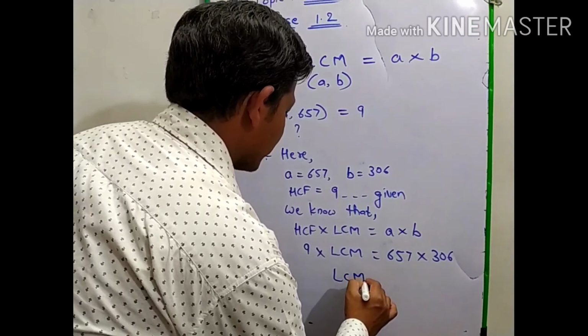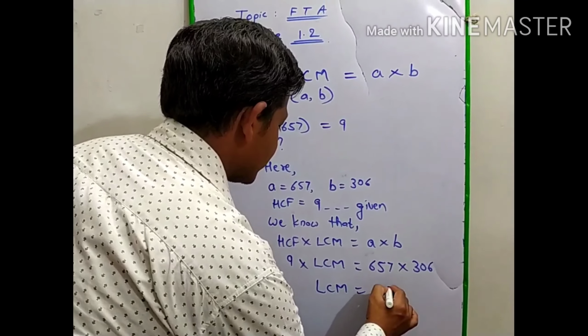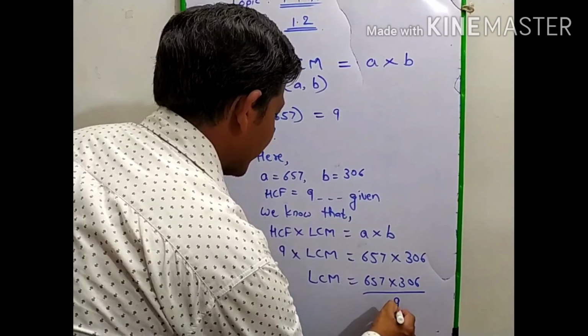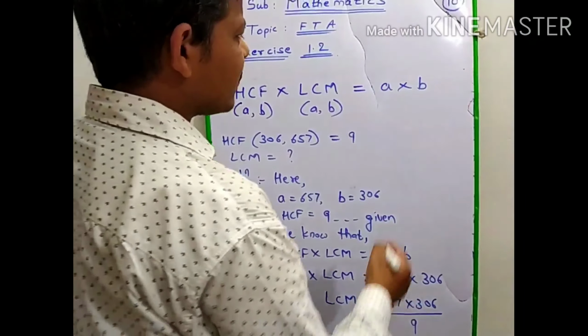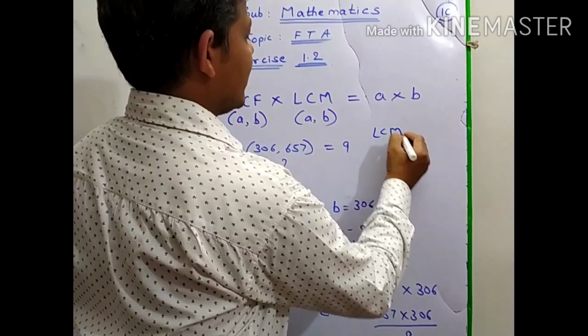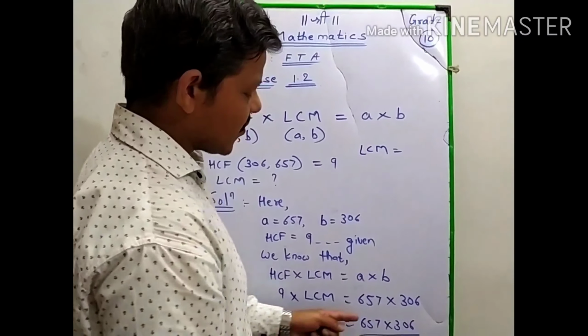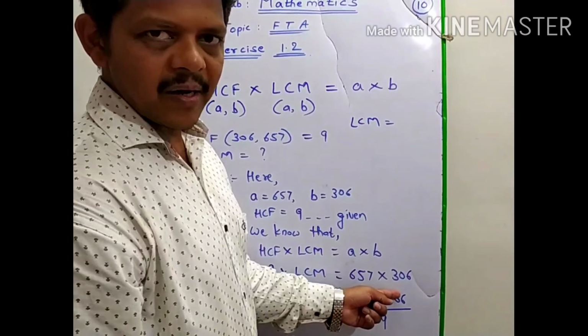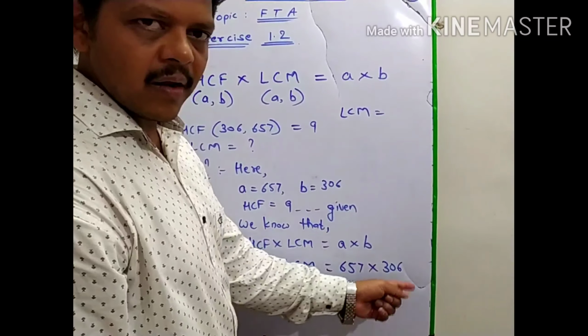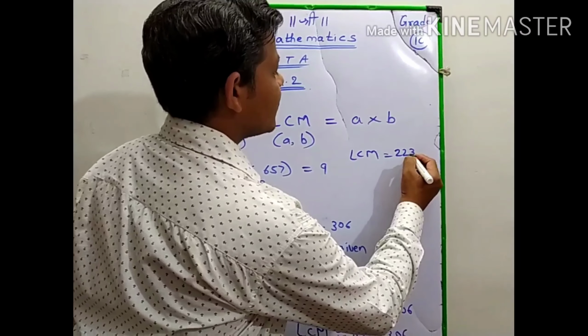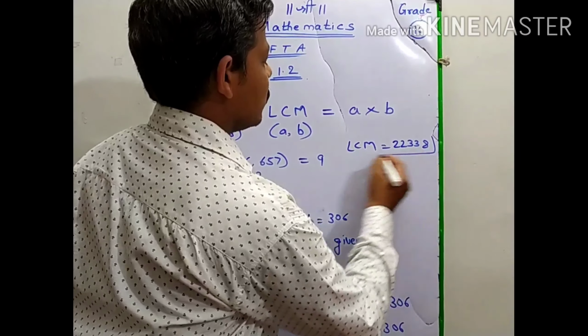Very easily now you can find out LCM as 657 into 306 divided by 9. Doing the multiplications and divisions, 9 ones are 9, 9 sevens are 63, and even 306 can be divided by 9. You can do it. The final answer you can find out is 22338. You can verify it.